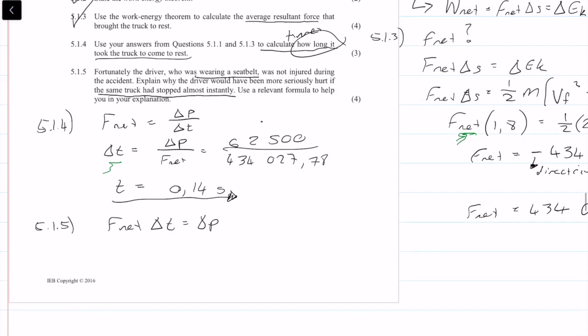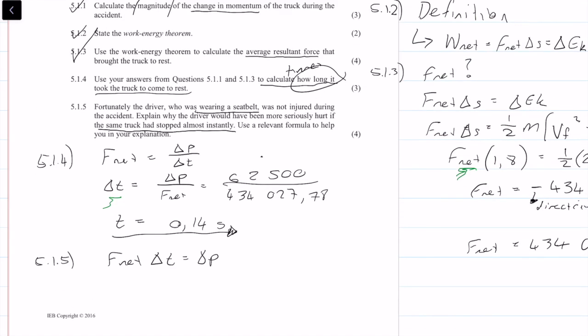And it says explain why if the change in time was less. So I'm actually going to write it the way I had it. That's F net equal to change in P over change in T. And we know change in P is the same for both cases.